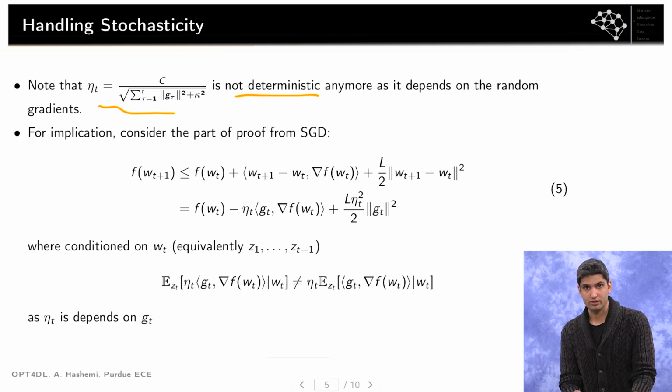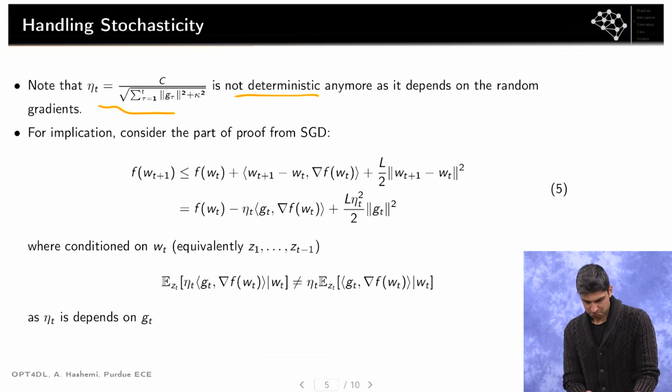It is a random quantity, right? It is using all of these stochastic gradients, so these are random quantities. So this will also be a random quantity, and this will hugely impact our typical analysis.